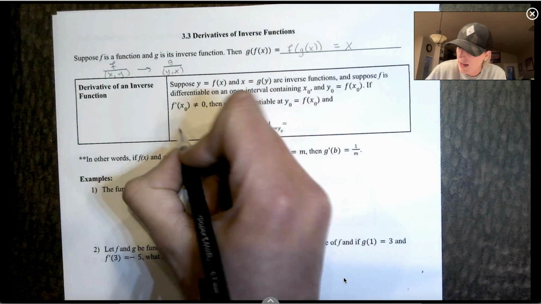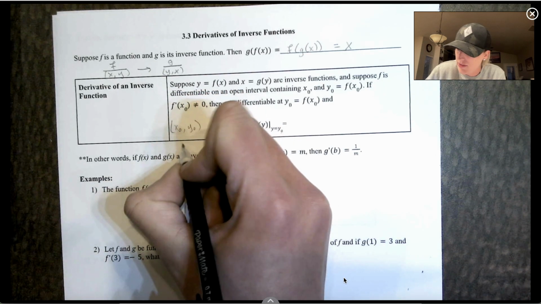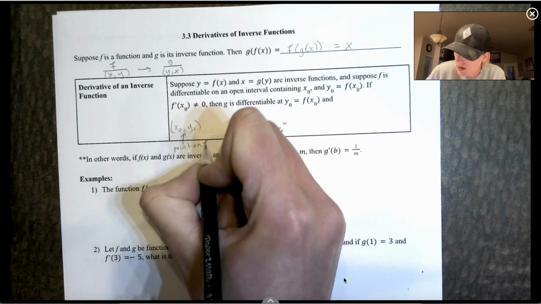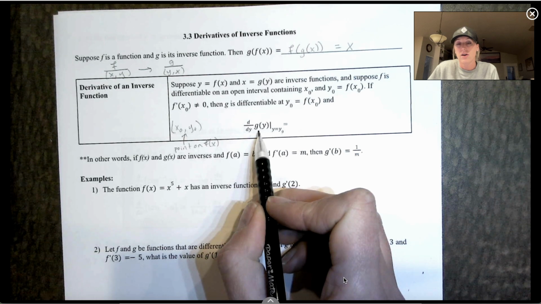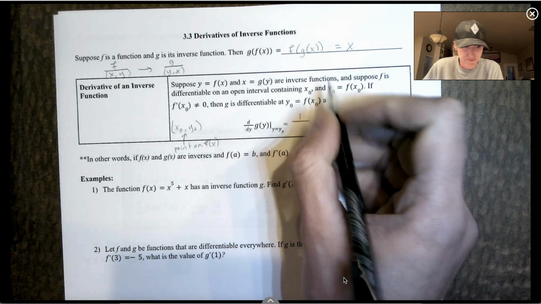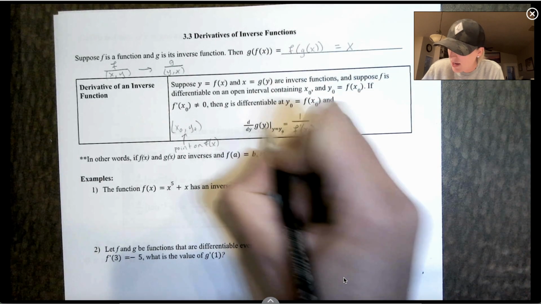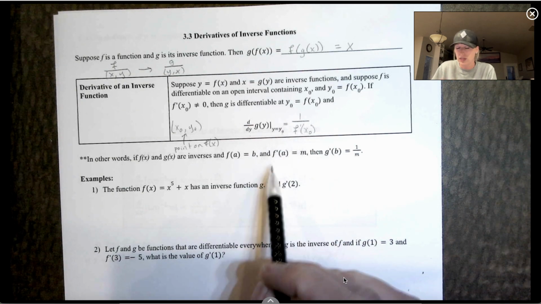So x naught, y naught is a point on f. But anyways, if we're trying to find the derivative of g, it is 1 over f prime of x naught if we were finding this at y naught. And again, this will make a little more sense when we get into an example.